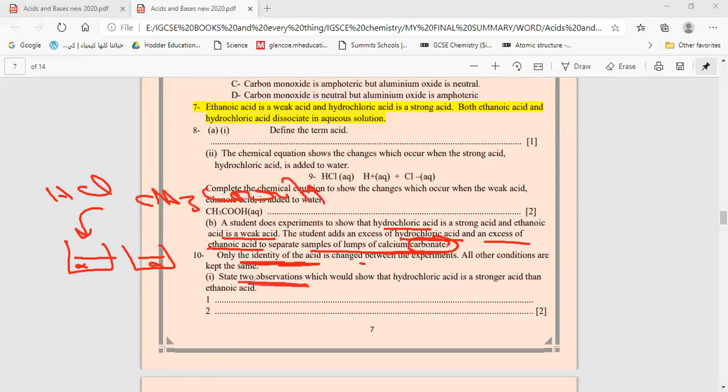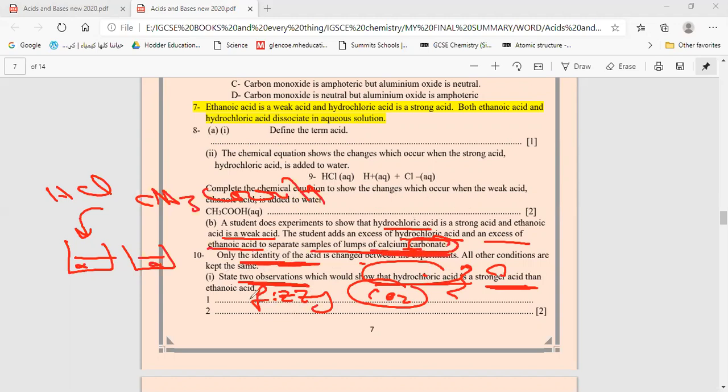State 2 observations to show that hydrochloric acid is a stronger acid than ethanoic acid. Number 1, the reaction happens fast, or the lump of calcium carbonate disappears quickly. A fast reaction means that because this reaction forms carbon dioxide gas, the formation of carbon dioxide happens quickly, and the disappearance of calcium carbonate happens quickly.